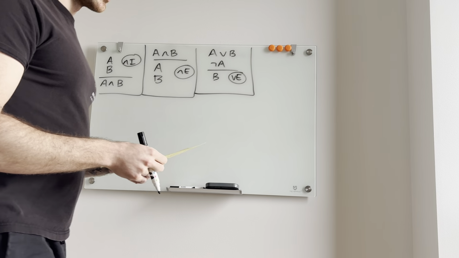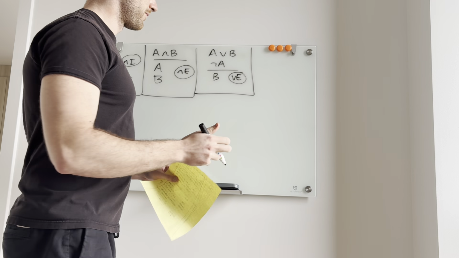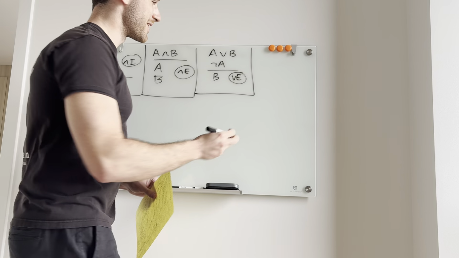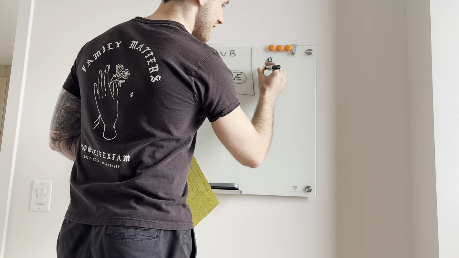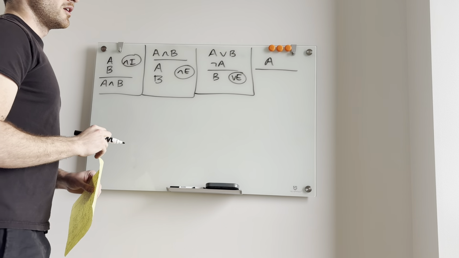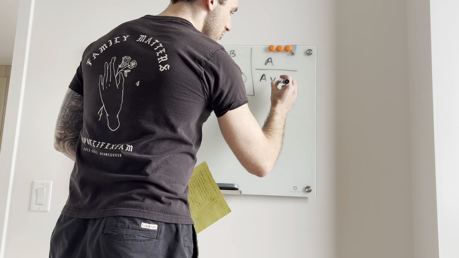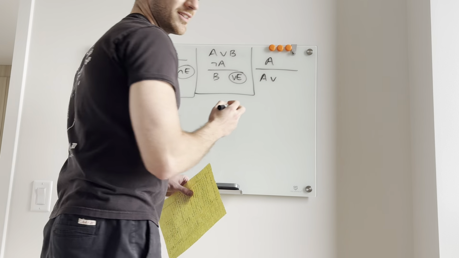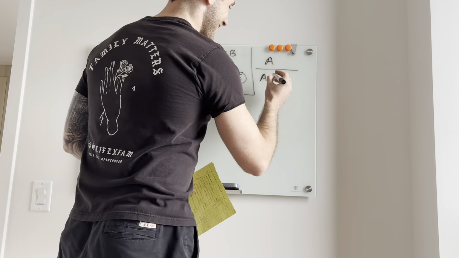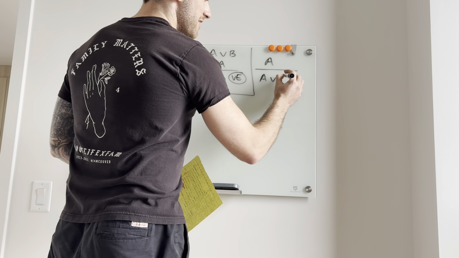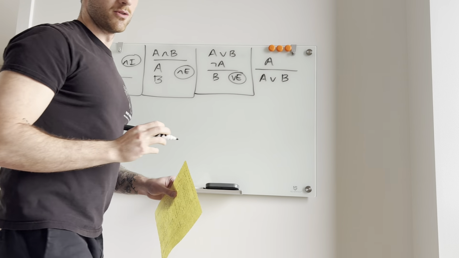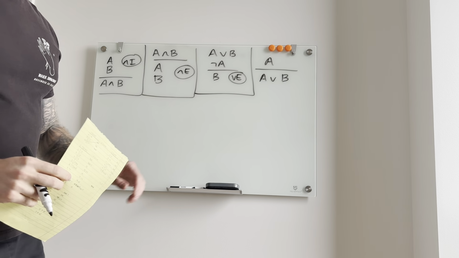The other or rule that we have is or introduction. And sometimes this trips people up learning this for the first time. So let's say you're given a sentence A. From just this sentence, you can add any other sentence you want with an or symbol. Why can you do that?